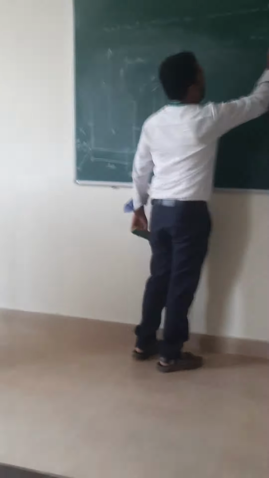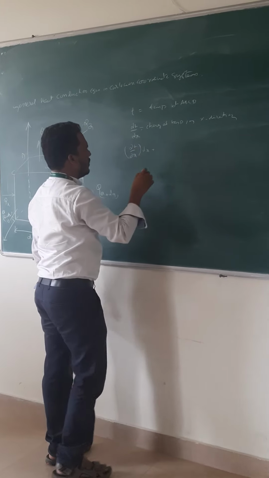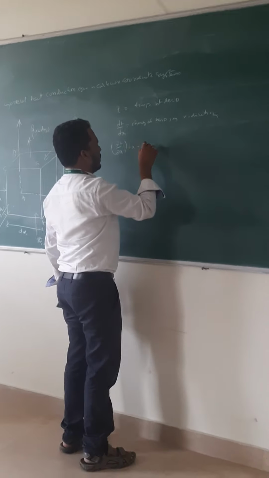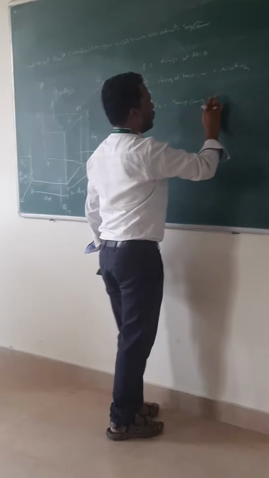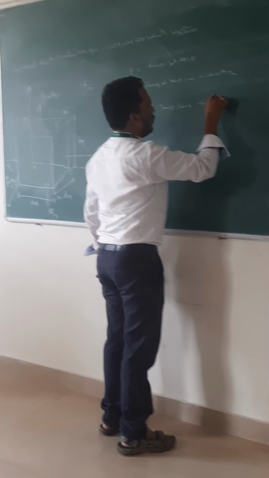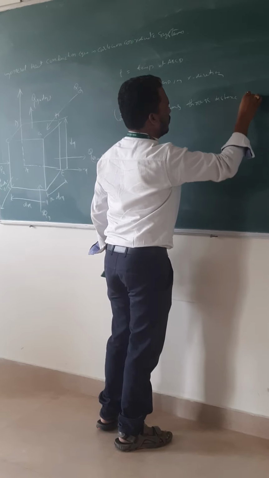Dou T by dou x into dx is the temperature change through a distance dx.